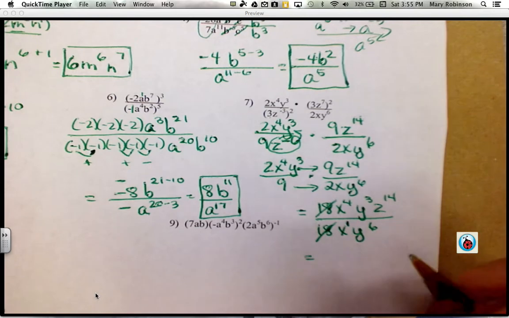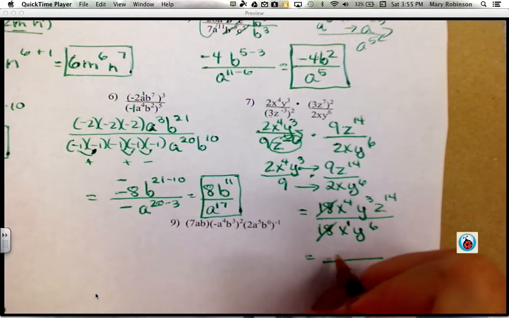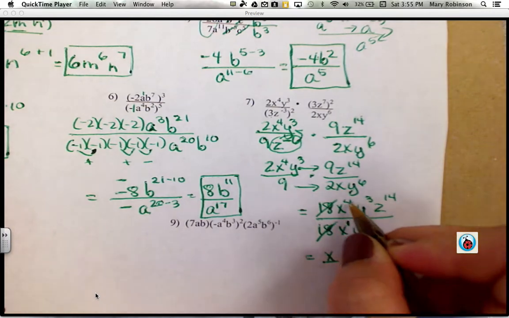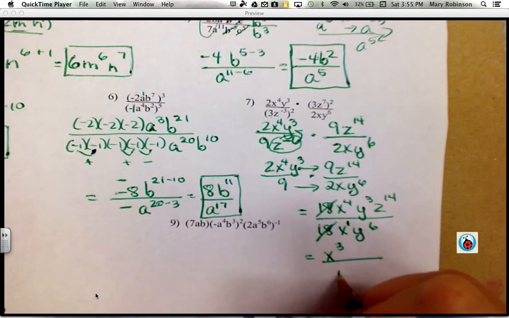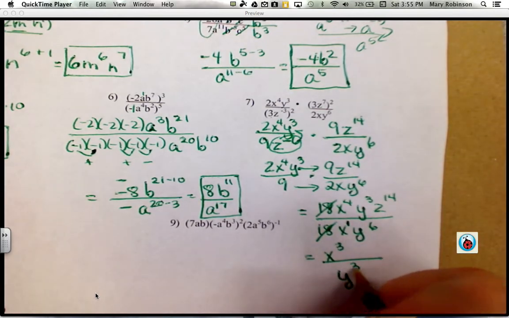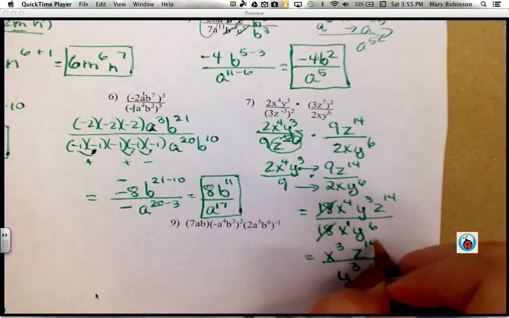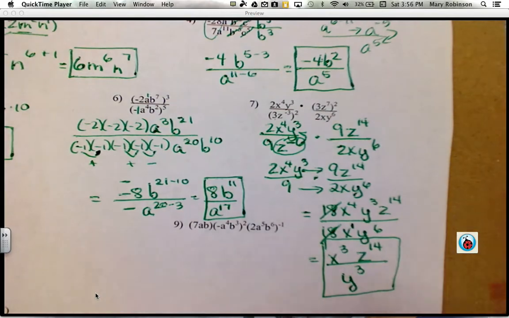We do have an understood 1 for our exponent of x. So my x is largest up top. 4 minus 1 is 3. My exponent for y is largest in my denominator, so y will remain in the denominator. 6 minus 3 is 3. And z to the 14th, there's nothing to simplify, so I'll just write that up top, and I'm done.